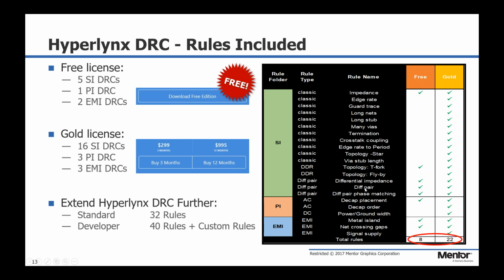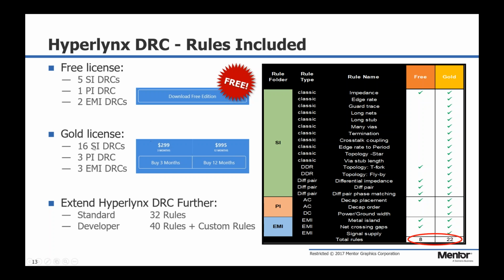Diff pair phase matching is also within the free version. For power integrity, the decoupling cap placement is there, and for the EMI checks, the metal island and net crossing gaps. So they're all covered within the free version that you can download from Mentor.